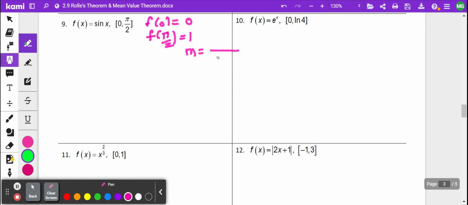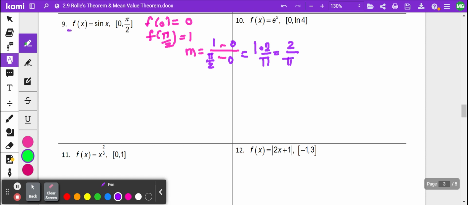So slope equals 1 minus 0 over pi over 2 minus 0. So you can see very clearly that we have 1 divided by pi over 2, which we're going to change to 1 times 2 over pi, right? Instead of dividing by a fraction, we multiply by the reciprocal. So we actually get a slope of 2 over pi. It's okay to have that slope, right?